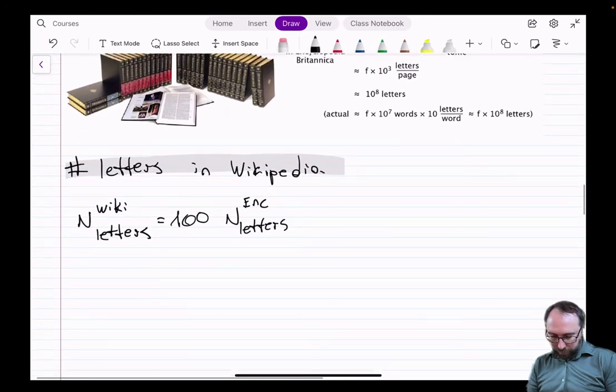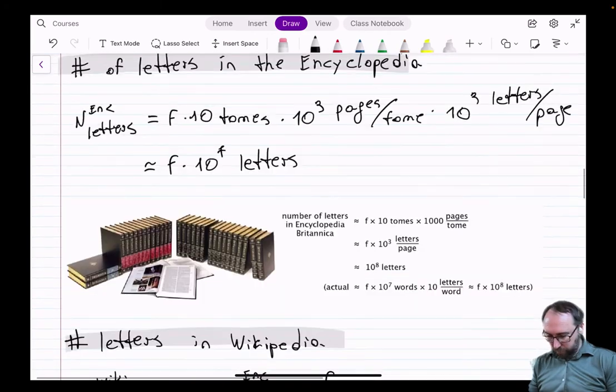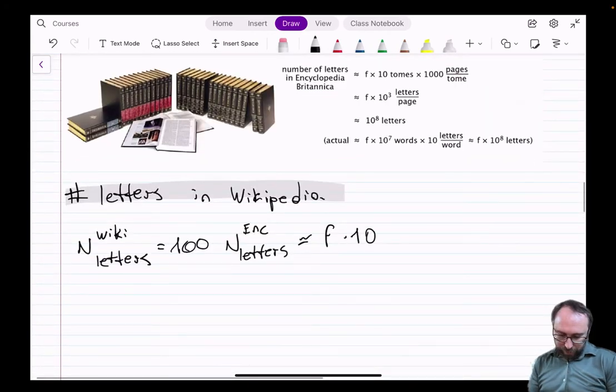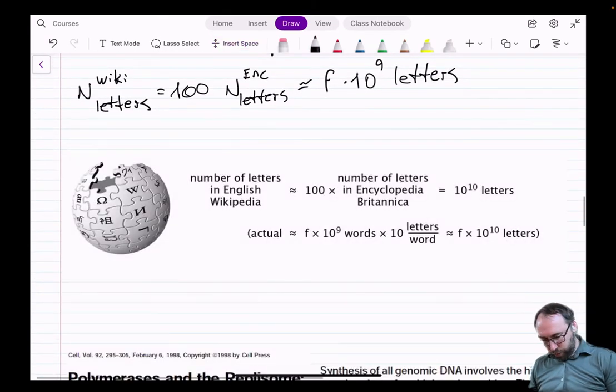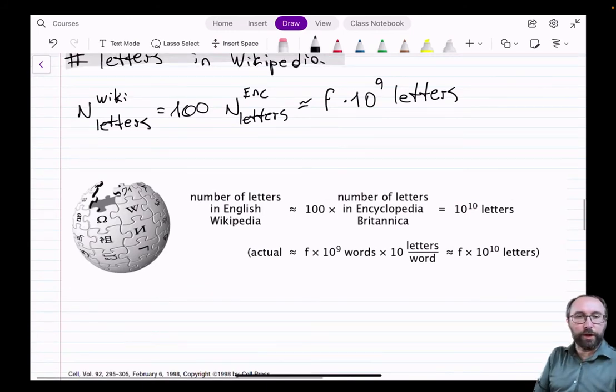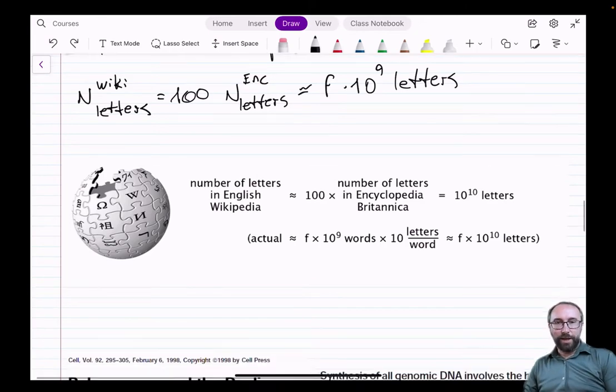And so this gives us, from our estimate, a few times 10 to the 9 letters, which, if you look at it, is within an order of magnitude. If you look at actual Wikipedia, you get a few times 10 to the 10, as shown here. So what does this tell us? That DNA polymerase would basically copy all of Wikipedia and make one error, right? And this is crazy. The fidelity of this machine is crazy.